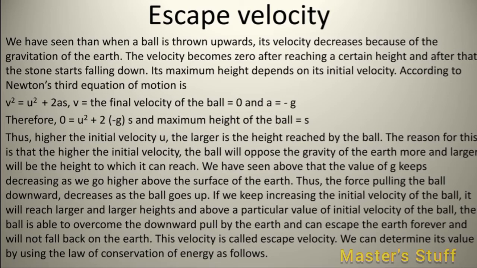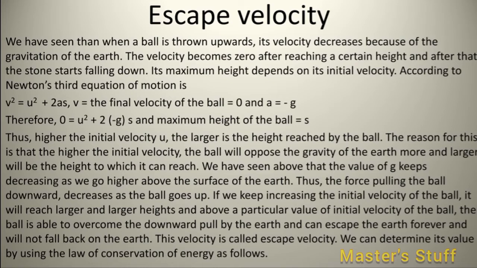Thus, higher the initial velocity u, the larger is the height reached by the ball. The reason for this is that the higher the initial velocity, the more the ball will oppose the gravity of the earth, and larger will be the height it can reach.